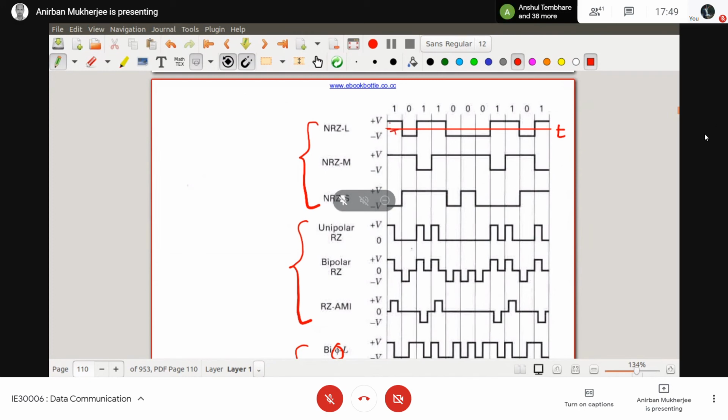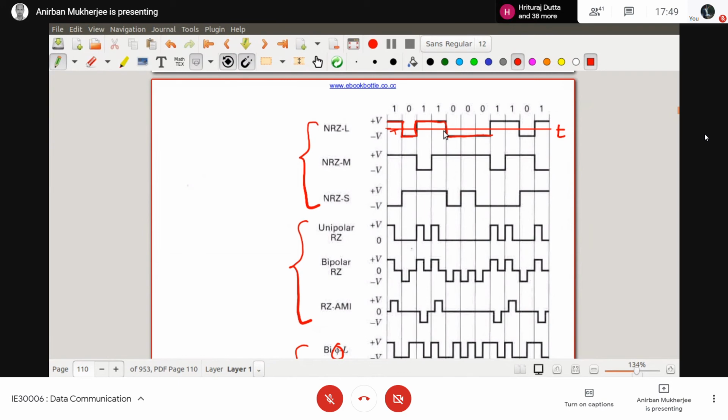So 1 means it will be at plus V. Now 0 means it will go to minus V. Again 1 means plus, then again plus, then triple 0, then again it will go. So it is at a steady state of either 0 or 1, and neither is represented by 0 volt. That's why it's called non-return to 0.